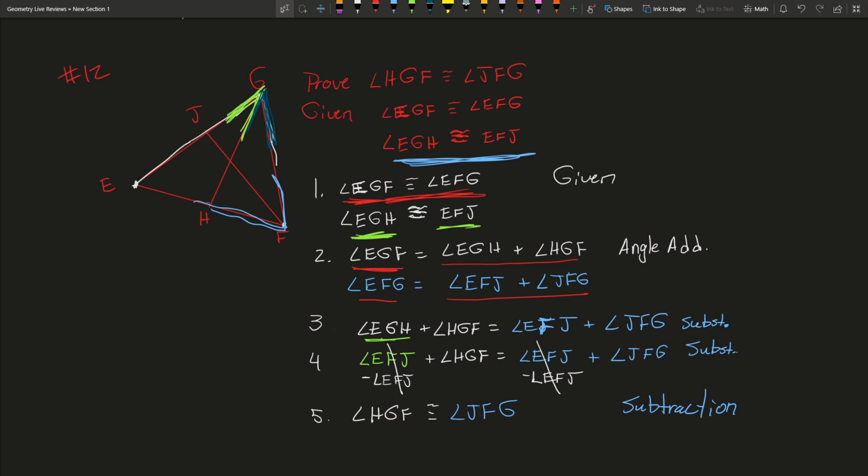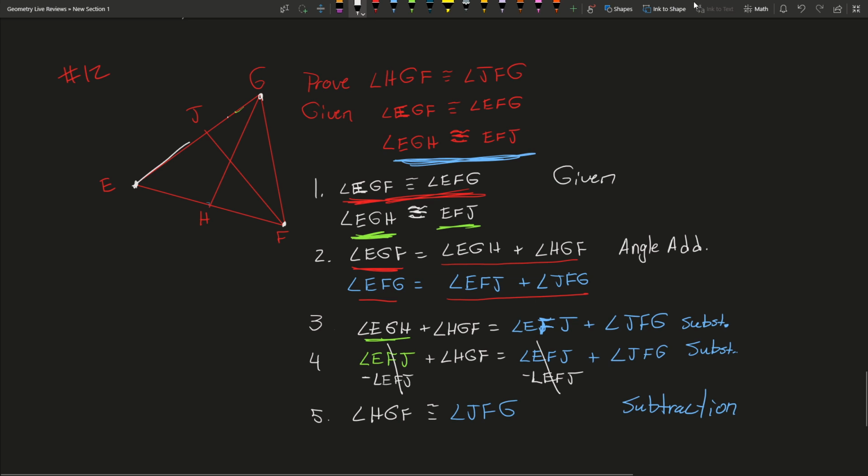Okay, step number 2. I'm going to clean this up just a little bit so I can mark it up again.